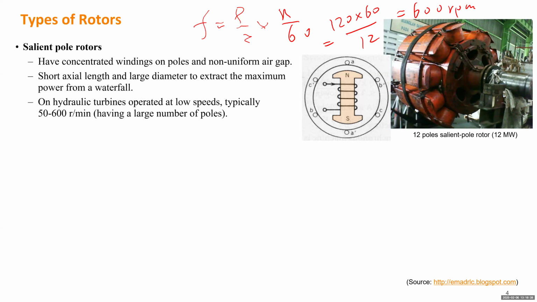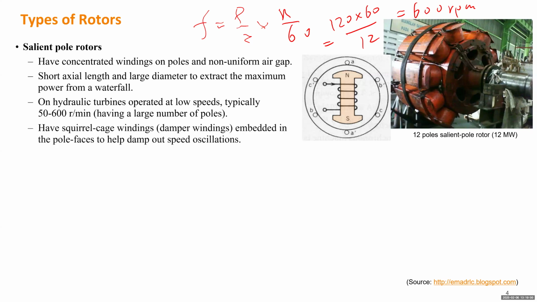But to increase the frequency of the electricity to 60 Hz, you have to increase the number of poles. Hydraulic turbines usually operate at a lower speed, such as 50 revolutions per minute to 600 revolutions per minute, so they have a large number of poles.